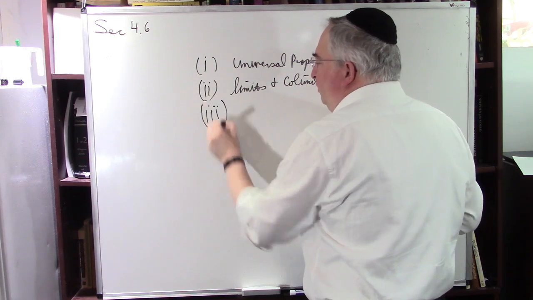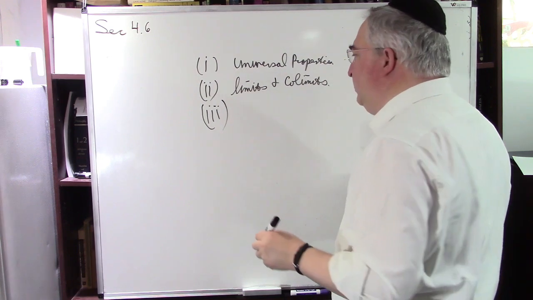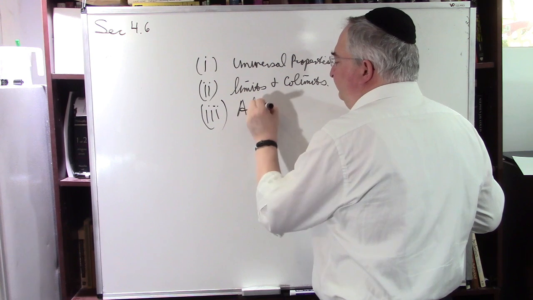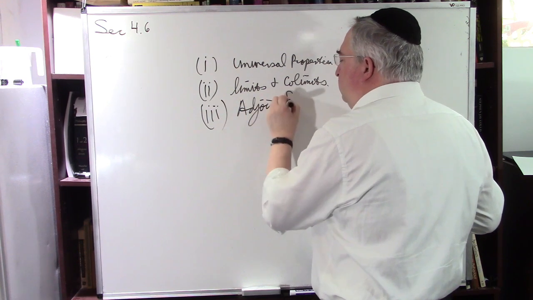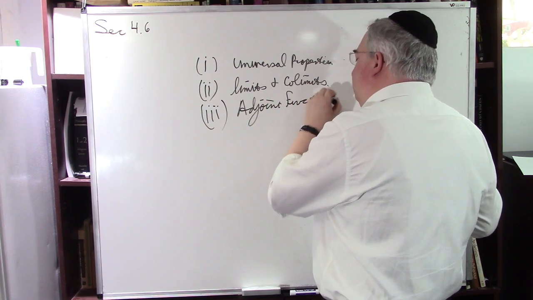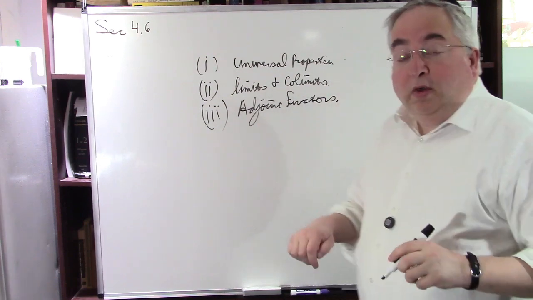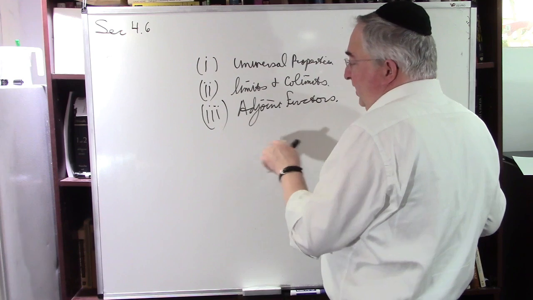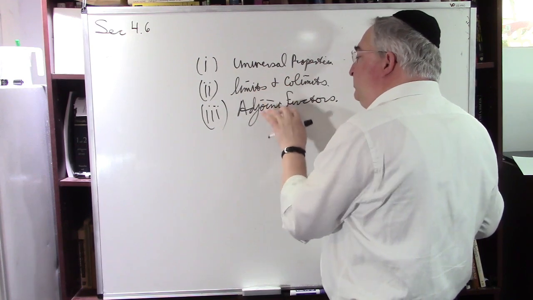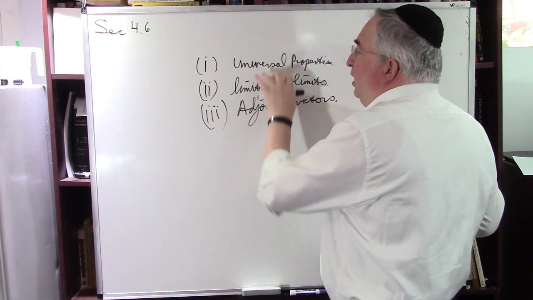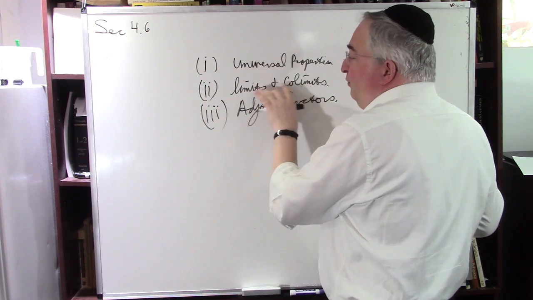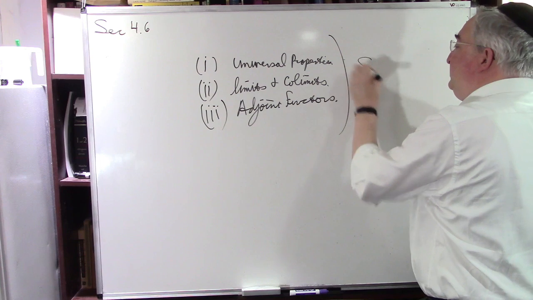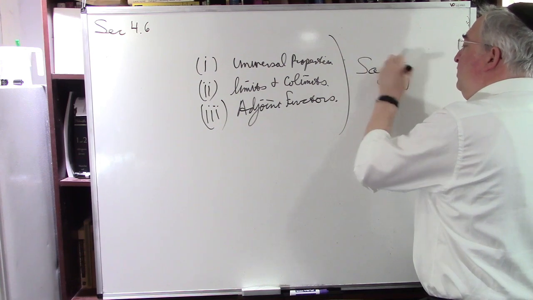The third thing we saw, chapter 4, section 4.4, is adjoint functors. What we did today was show that limits and colimits can be written in terms of adjoint functors. Universal properties is just another way of writing limits and colimits. So all these three things are saying the same thing.